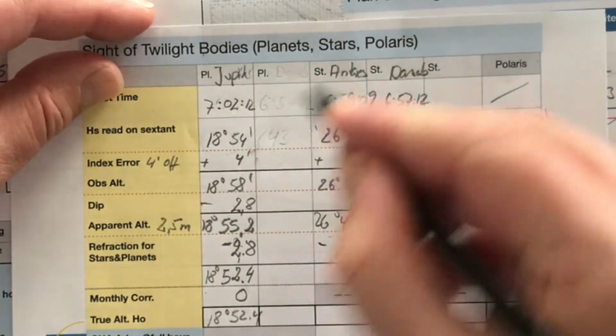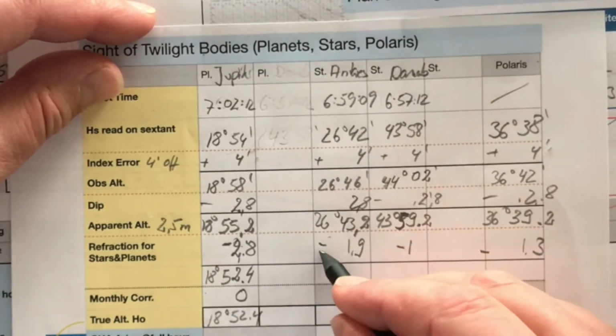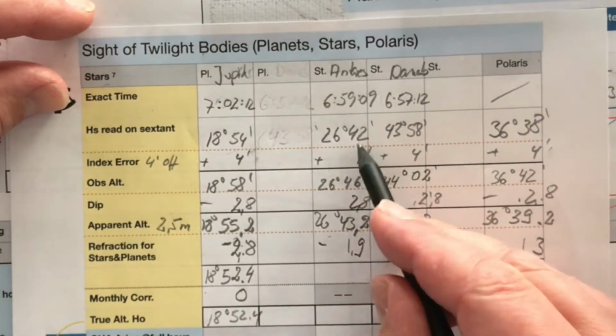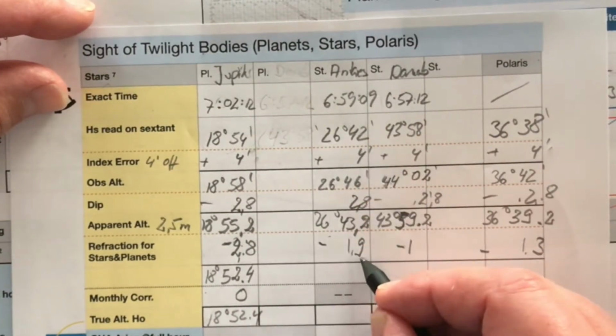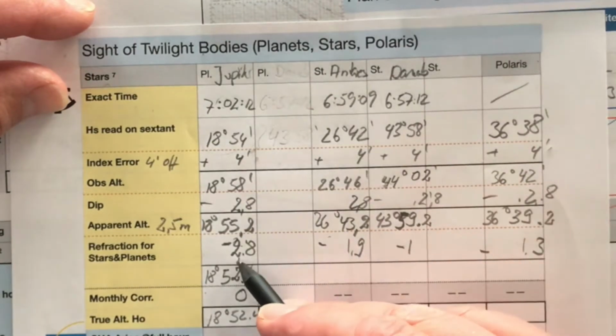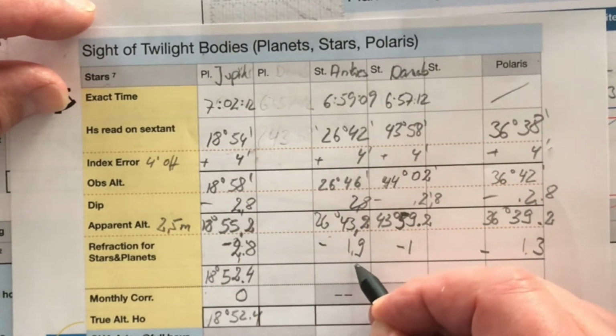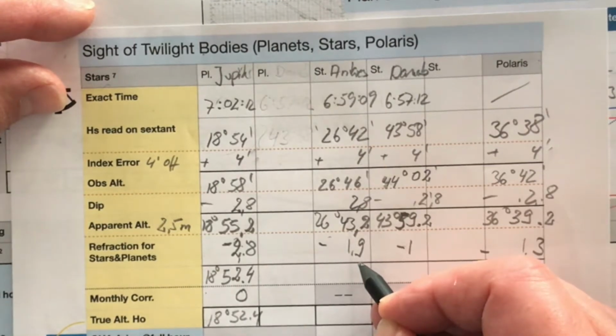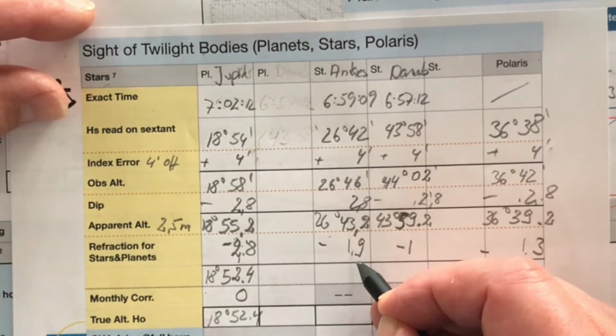Now the Antares, here we have the refraction of minus 1.9. Because we shot it at a little bit higher altitude, the refraction is smaller than this. Because if you remember with the refraction, if you measure it at 90 degrees, you don't have a refraction at all. And the closer to the horizon you get, the more the refraction is.